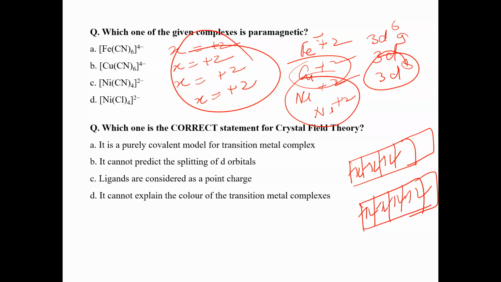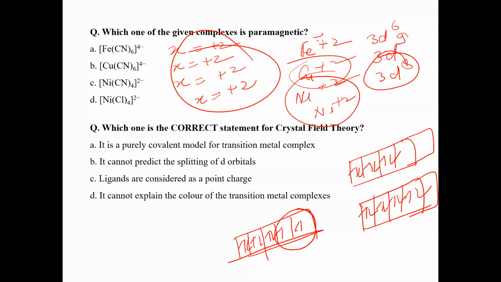Okay, and similarly for D, what will it be? Because chloride is a weak ligand, the electrons will not be paired up. So one, 2, 3, 4, 5, 6, 7, and 8.